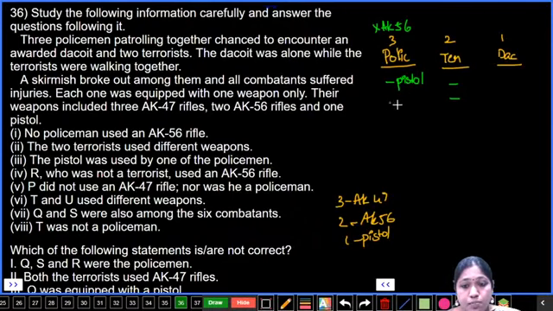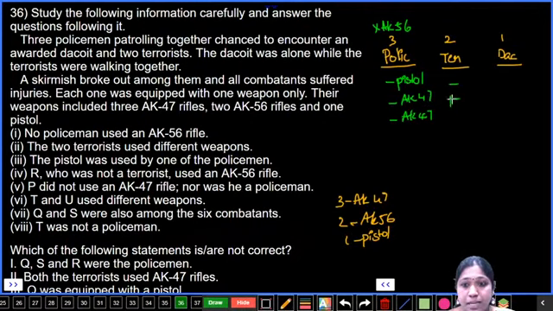That means the other two persons will be using AK-47, because AK-56 should not be used by a policeman. And then the next point is P did not use an AK-47, nor was he a policeman. That means he is not using an AK-47 and also he is not a policeman. What is the possibility he can take? P can be a terrorist.